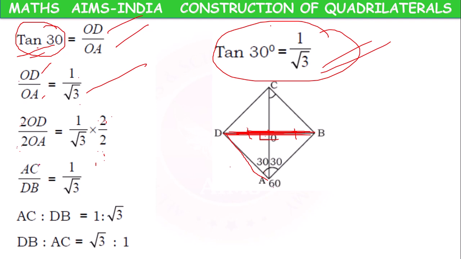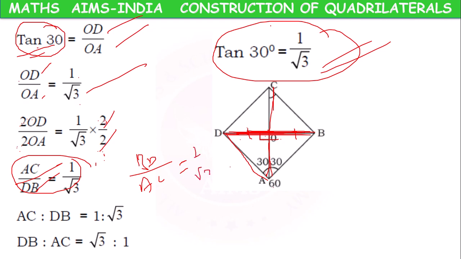Sorry, children, this is double of OD, equal to BD. BD by double of OA. OA doubled is equal to AC. BD by AC equals, 2 gets cancelled, 1 by root 3.